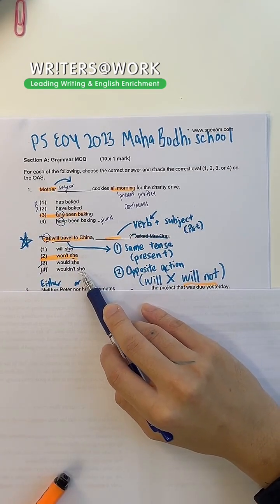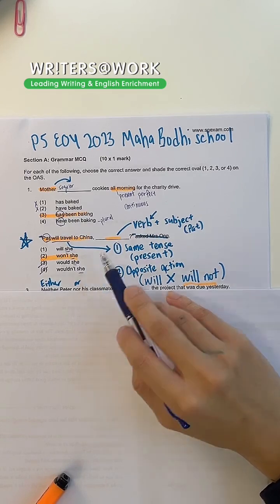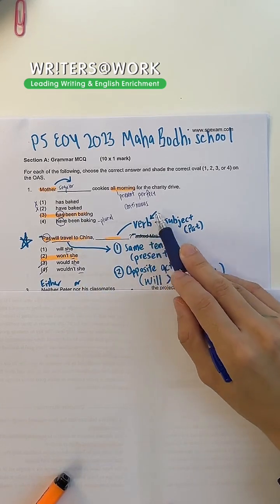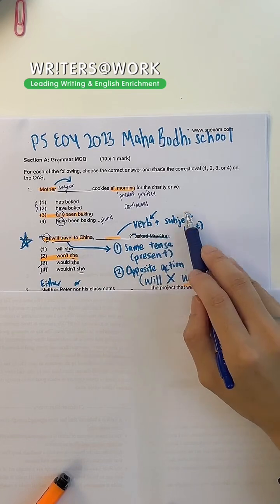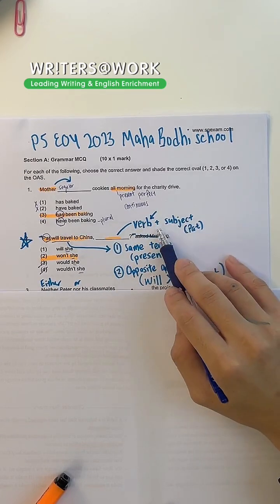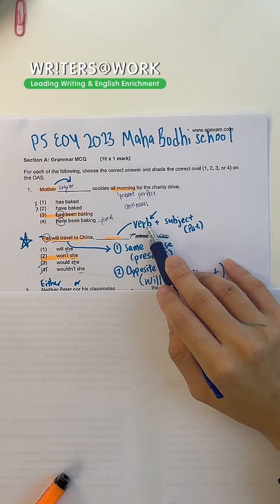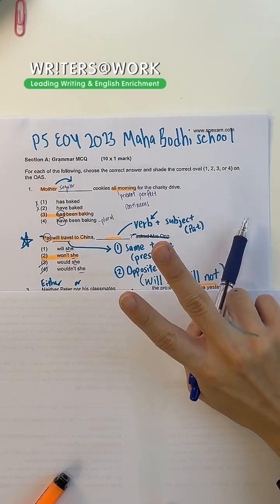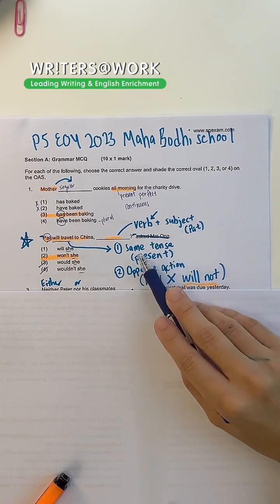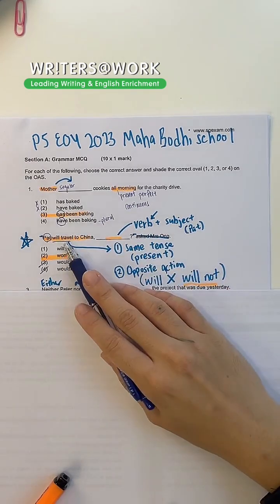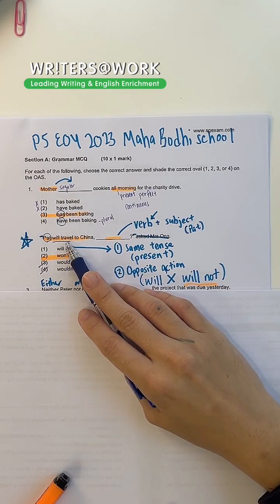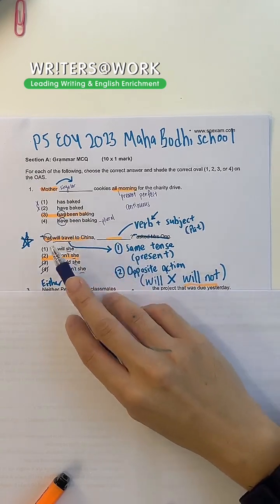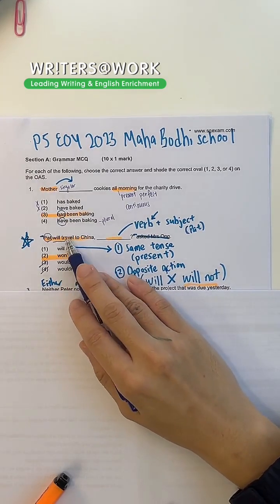What this question commonly tests students on is replacing the verb. What should fill the verb in your question tag? To fill in the verb, you need to satisfy 2 conditions. First condition, it must be in the same tense as the verb in the main statement. Looking back at the main statement, "will travel."